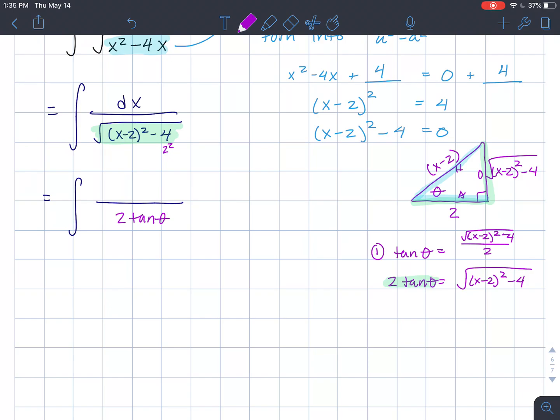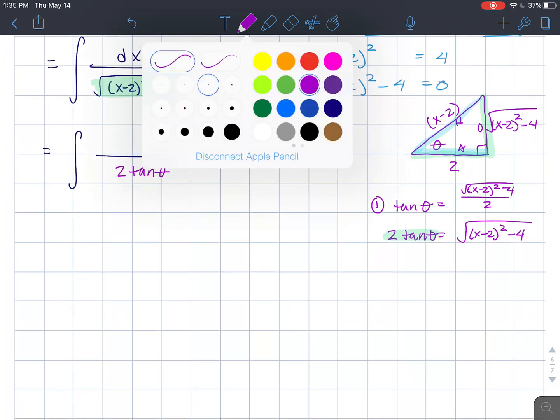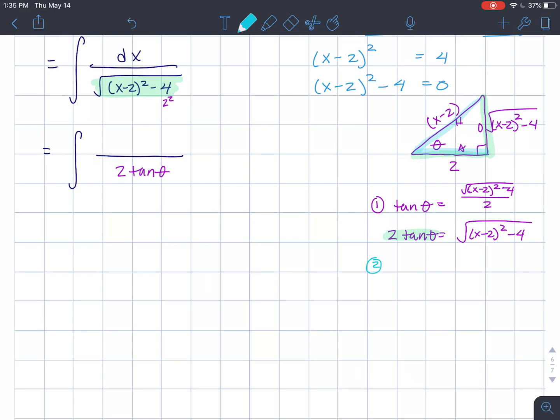But I want the variable to be in the numerator spot, so I'm going to actually use secant here. Because remember, secant and cosine are just reciprocals. So the secant of theta is going to equal the hypotenuse, x minus 2 all over 2. Well, that means that 2 times the secant of theta is equal to x minus 2, or 2 secant of theta plus 2 is equal to x.